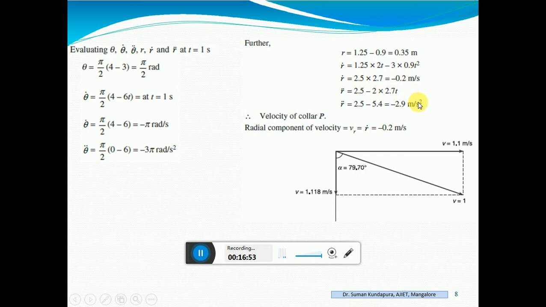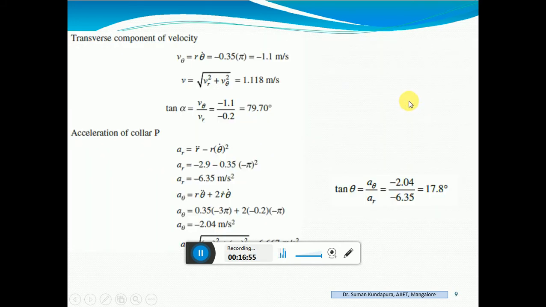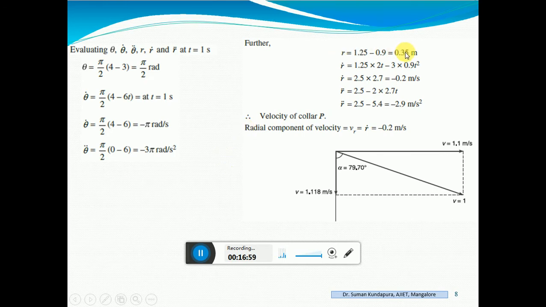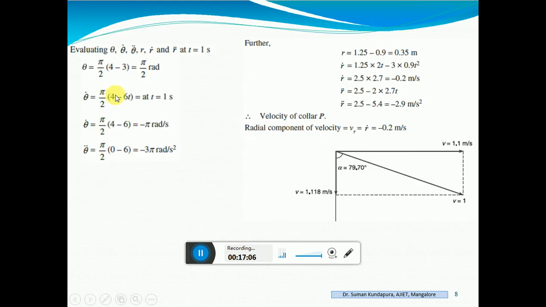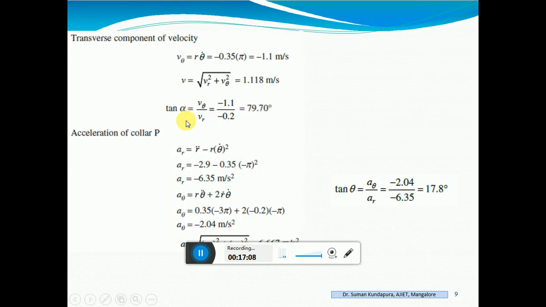It is minus 2.9 meter per second square, minus R, which is 0.35, into theta dot squared, theta dot is minus pi. Substitute that, find out what is AR. Similarly, find out what is A theta, you will get it as minus 2.04 meter per second square.